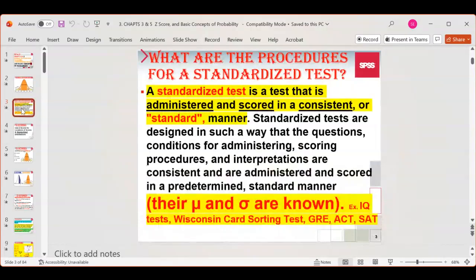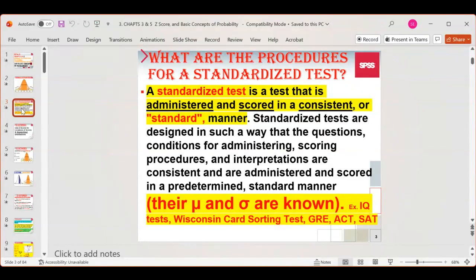So what are the procedures for standardized tests? A standardized test is a test that is administered and scored in a consistent or standard manner. Like I mentioned, for IQ the mean is 100 and the standard deviation is 15.